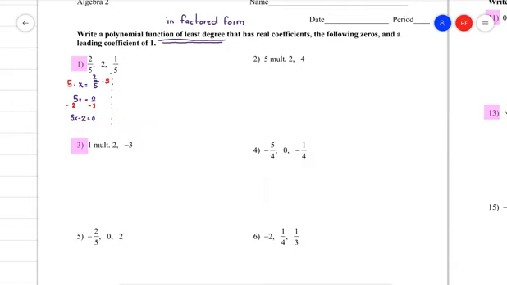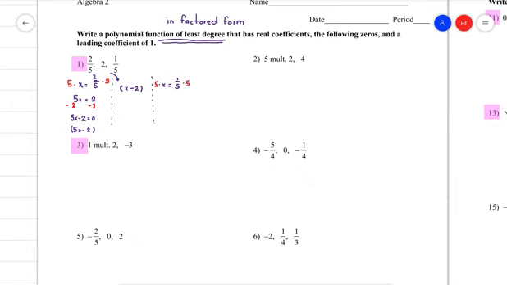Then for the 2, we know our factors take the opposite sign, so we would have x minus 2. Let me write this as a factor. And then for the last one, we have a fraction again. So whenever we have a fraction, I like to write it as x equals that number, and then we want it to be x plus or minus something equals 0.